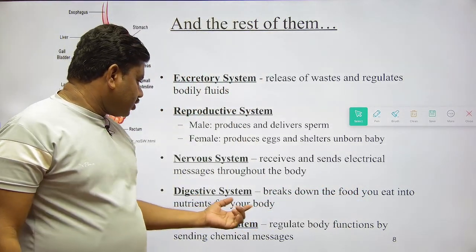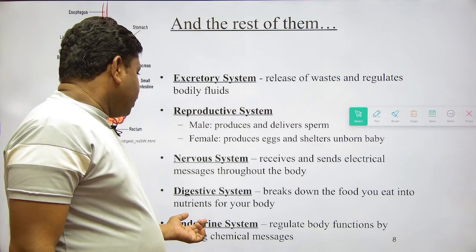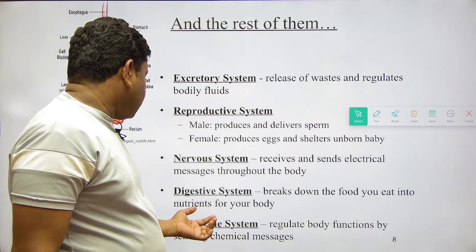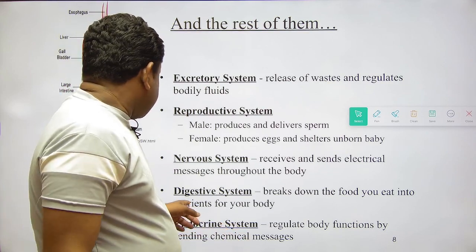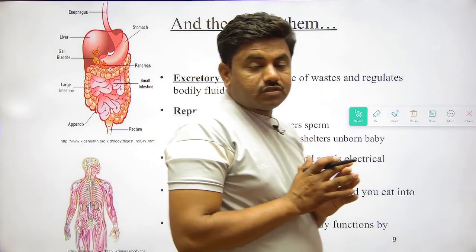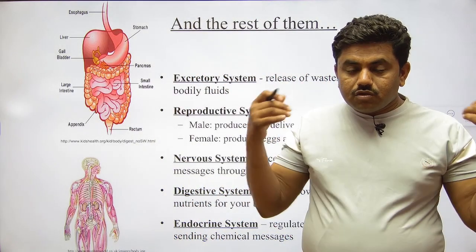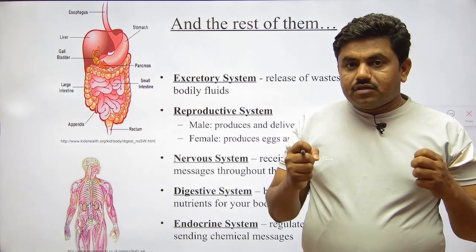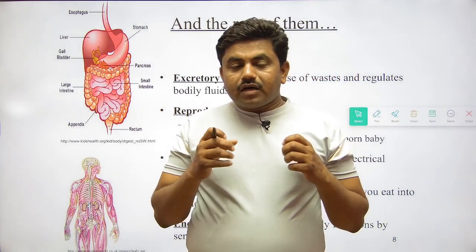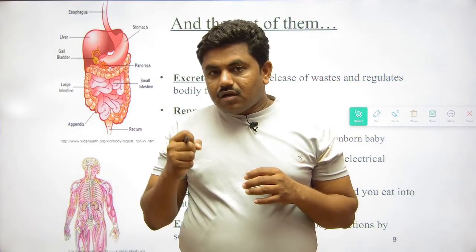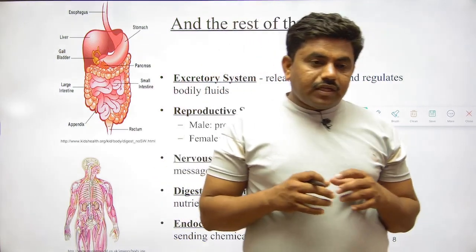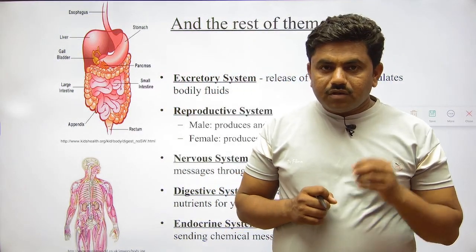Next is the digestive system, which breaks down the food you eat into nutrients for your body. The digestive system is also important because whatever we eat is digested, and it absorbs the various contents that are important to our body.